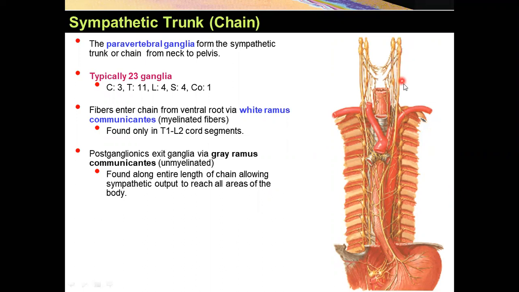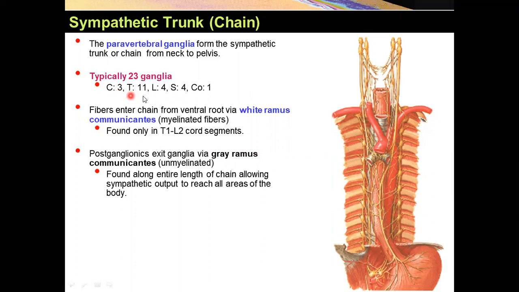Here you see this sympathetic chain or the sympathetic trunk. The paravertebral ganglia form the sympathetic trunk or sympathetic chain, which extends from neck down to the pelvis. Typically, there are 23 ganglia. At the beginning of the embryonic life, the number of spinal segments equals the number of paravertebral ganglia.